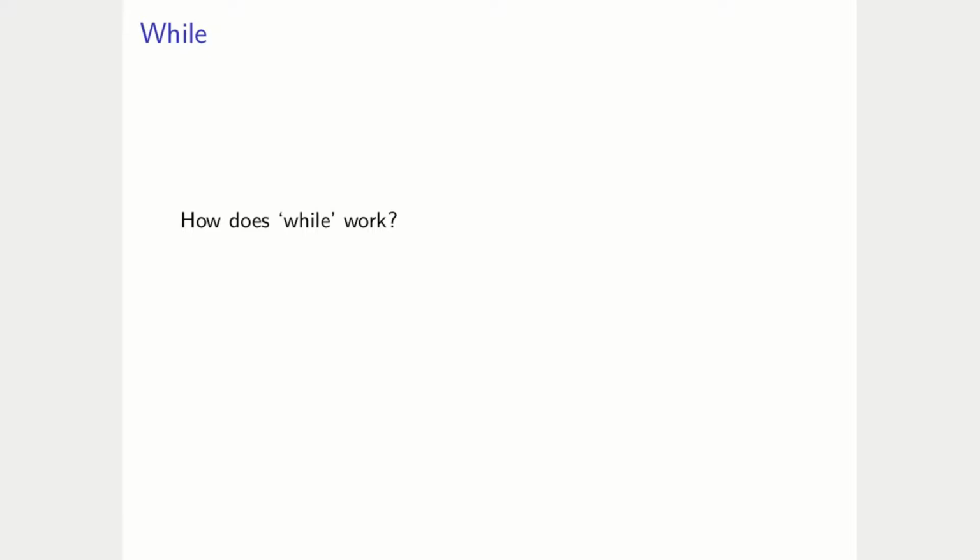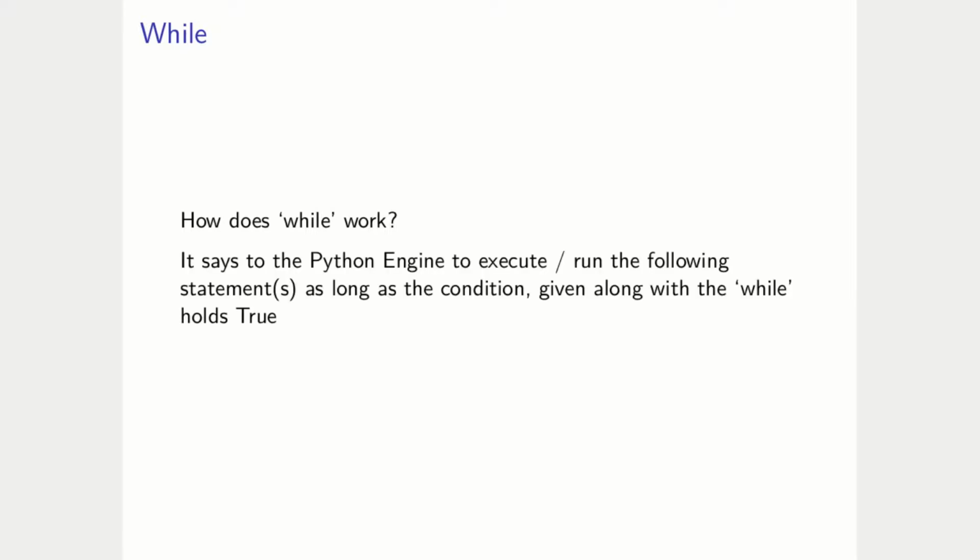While is a keyword that tells the Python engine, or the interpreter, excuse me, to execute or run the following set of statements or a statement as long as the condition that is given with while holds true.